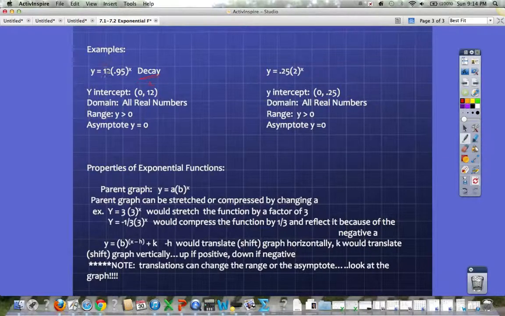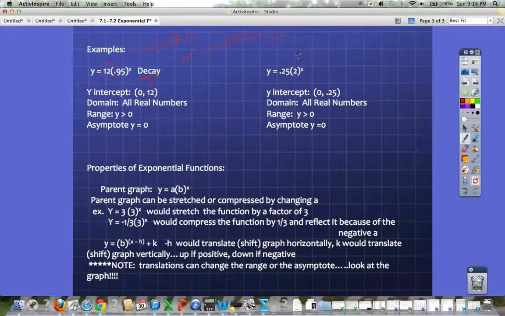This a is what's going to do the stretches or compressions of your graph. Okay? Alright, this example over here, it's 0.25 and then times 2 raised to the x.